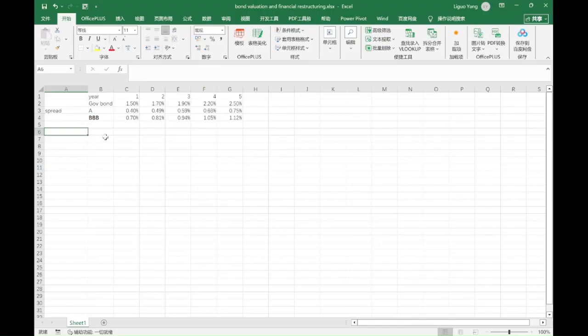So the spreadsheet, the yield curve will be as shown.